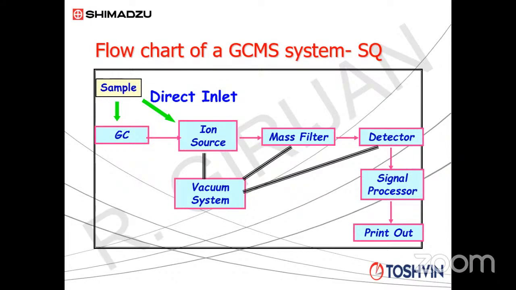So what is the first important requirement? Objective number 1, you remember, is separation. And for getting the separation, you have to inject the sample into the GC, because separation is the responsibility of the column, not the mass spectrometer. So initially you have to inject the sample into the GC.